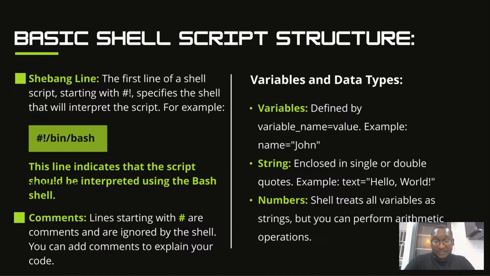It's usually at the top, the first line of code. That indicates that we are trying to execute a bash command, right? That /bin/bash is basically the location where the program bash is. So it's called shebang. Sounds funny, right? This line indicates that the script should be interpreted using the bash shell.